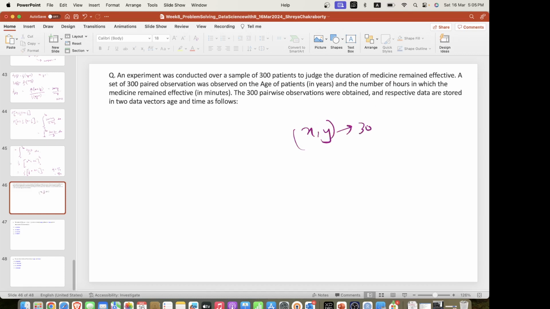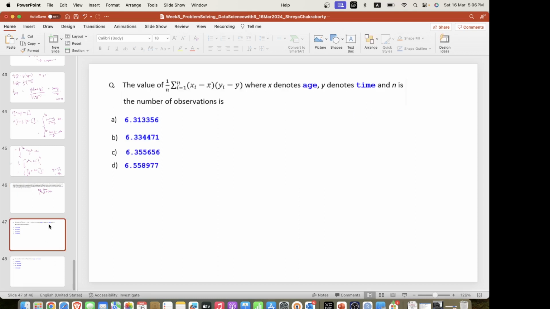Such 300 pairs were obtained on the age and number of hours. If you have such 300 observations, where x denotes age and y denotes time and n is the number of observations, this is nothing but your covariance between x and y.